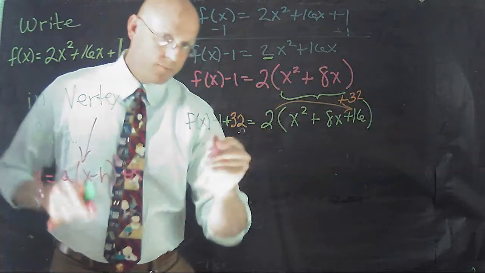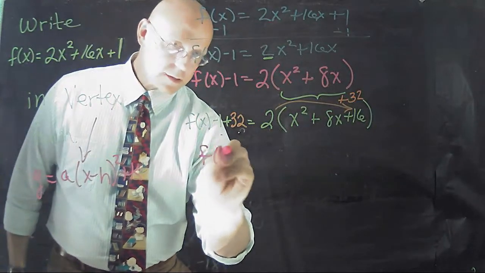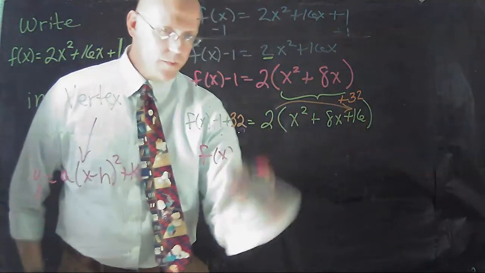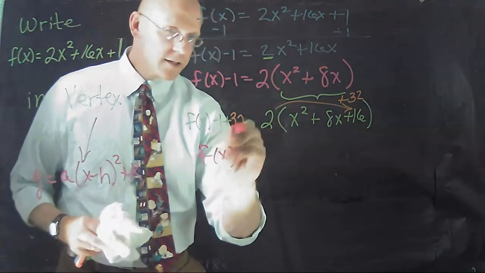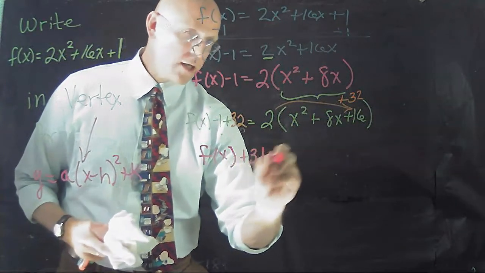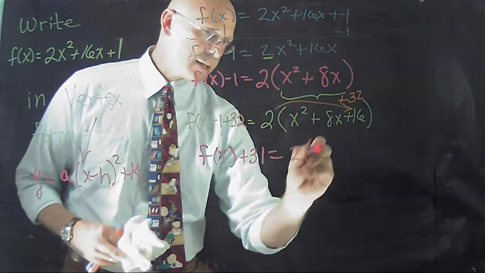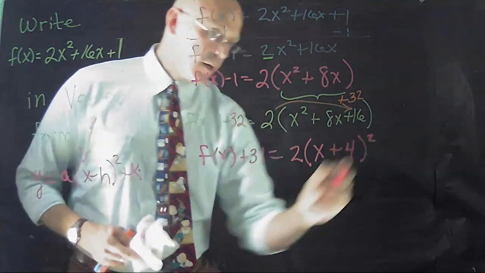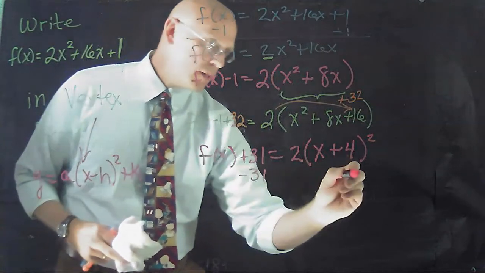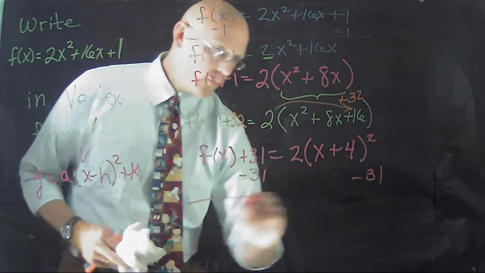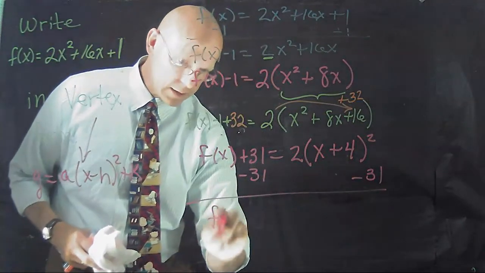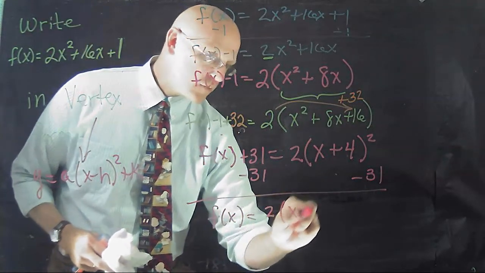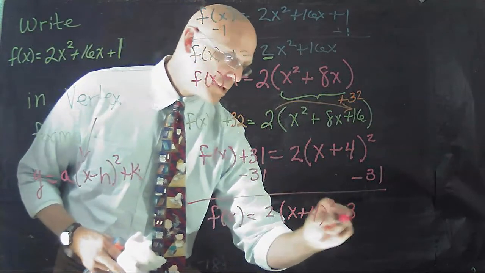Now I can go ahead, f of x. This is going to give me plus 31 equals 2 times x plus, remember, square root squared, subtract 31, and I get f of x equals 2 times x plus 4, the quantity squared, minus 31.